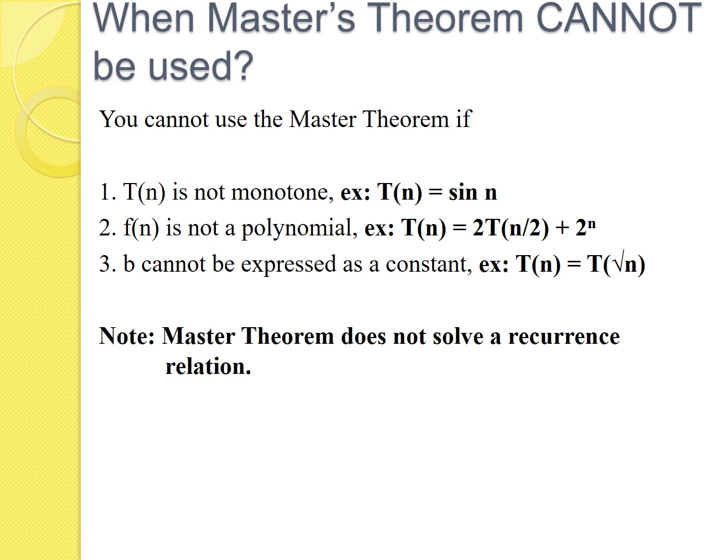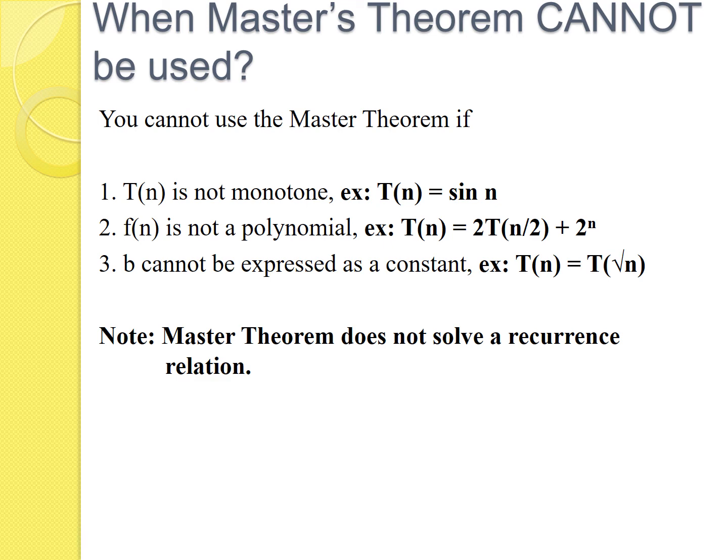Master's theorem cannot be used to find the time complexity of the algorithm represented by the nonlinear recurrence relation T of n when T of n is not monotone, or when f of n is not a polynomial, or when b cannot be expressed as a constant.